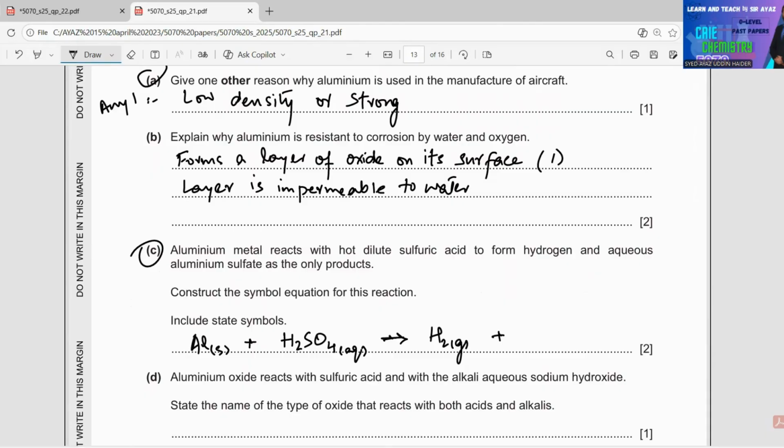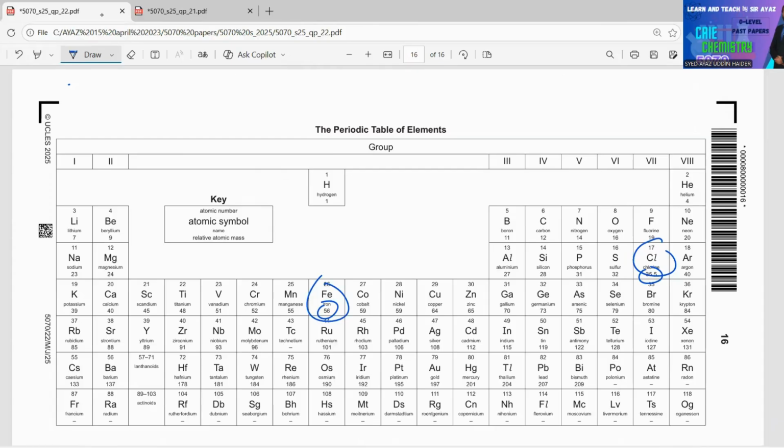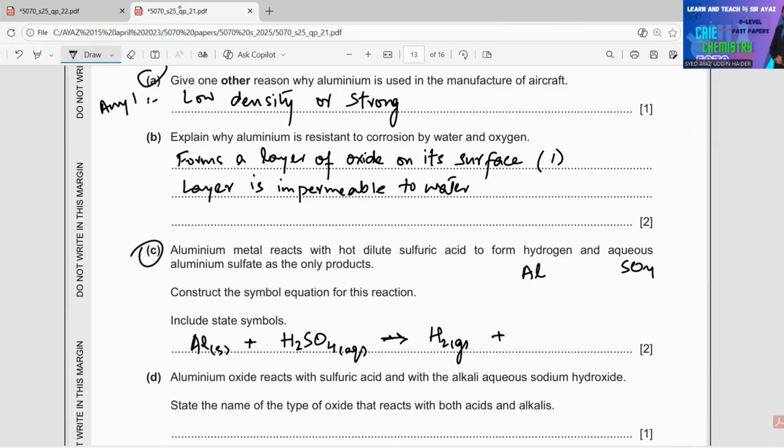What about the formula for aluminium sulfate? If you look at the periodic table, aluminium belongs to group 3, so the valency is +3. Sulfate ion carries a -2 charge. Ignore their charges.